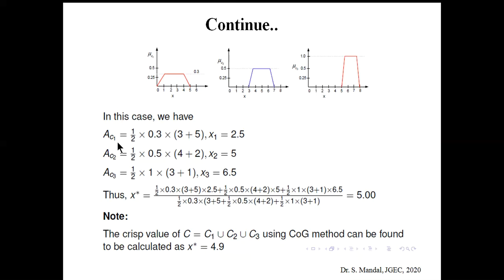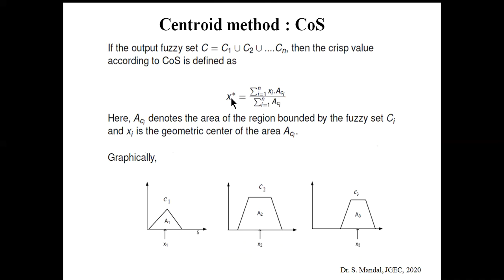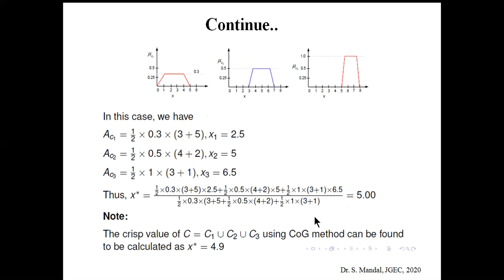So just substitute them in this equation: X star equals summation from i equal to 1 to n of xi aci, divided by summation from i equal to 1 to n of aci. By using this formula we ultimately get the crisp value, that is 5.00.